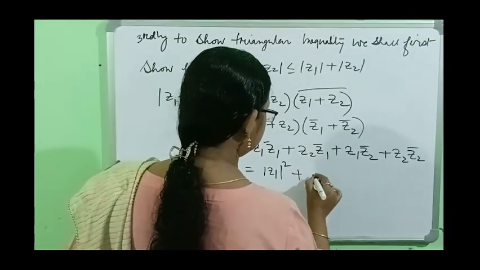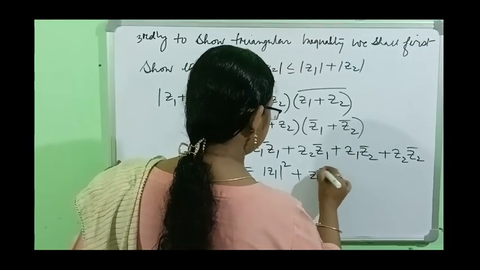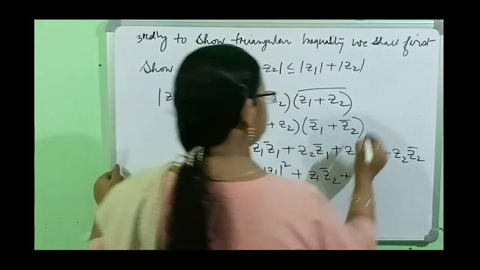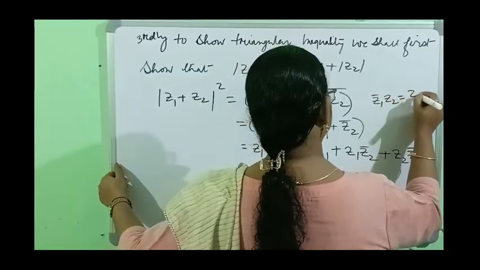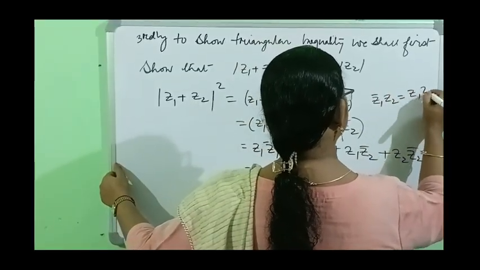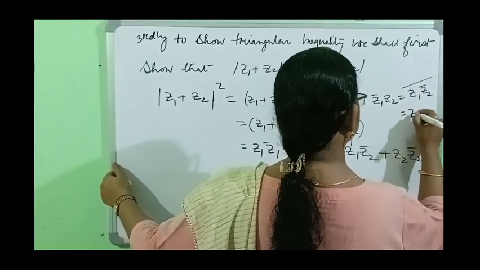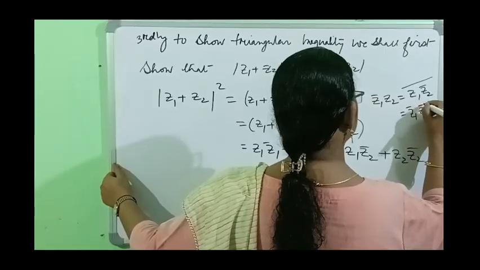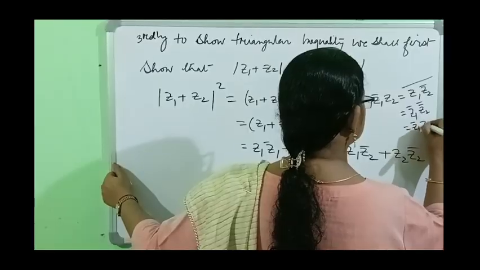I will write this one first, Z1 Z2 conjugate, and in place of this, Z1 conjugate Z2 can be written as the conjugate of Z1 Z2 conjugate. If I take this conjugate, Z1 conjugate, and the conjugate of Z2 conjugate gives back the number, that is Z2.